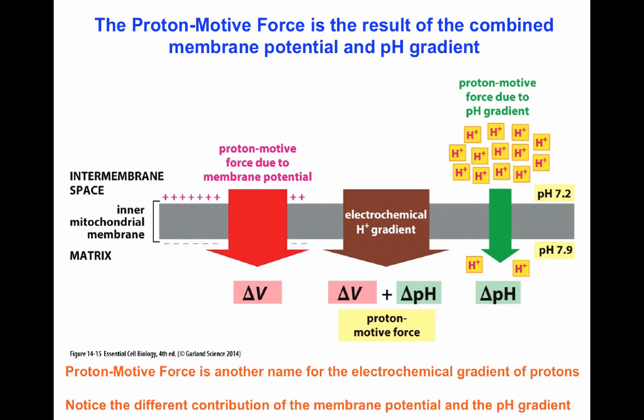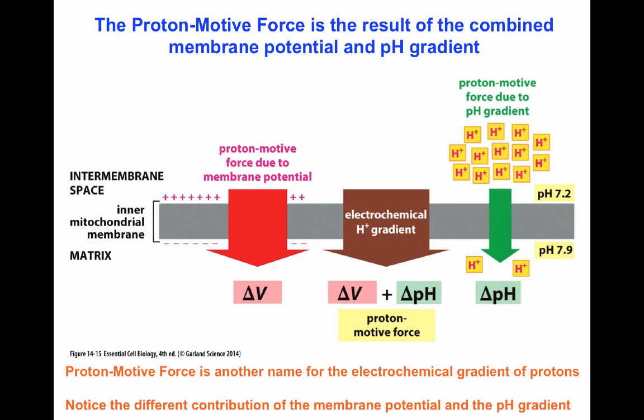Since the protons are moving preferentially toward the negative charge within the matrix, the contribution of the membrane potential is significantly higher than the contribution of the proton gradient. So the electrochemical gradient of protons is the combination of the membrane potential and the proton gradient. Together they give a very strong drive for those protons to move across.